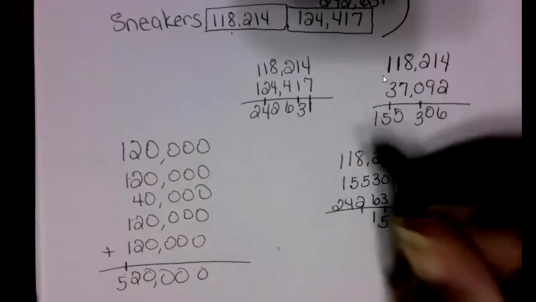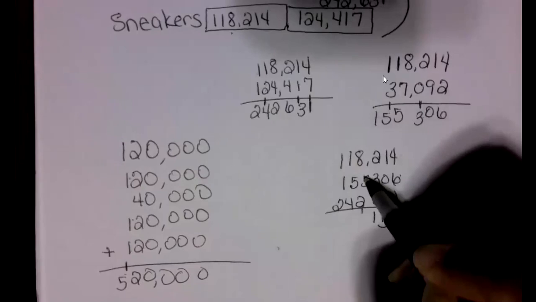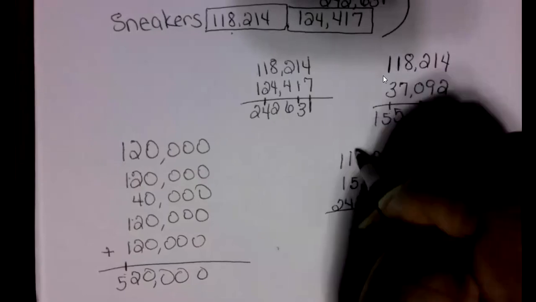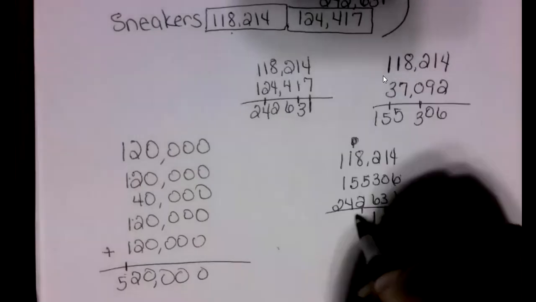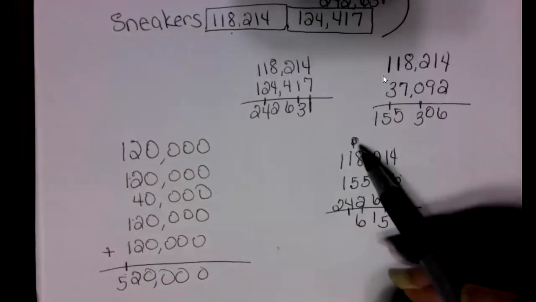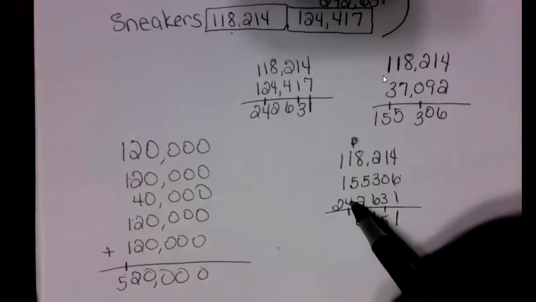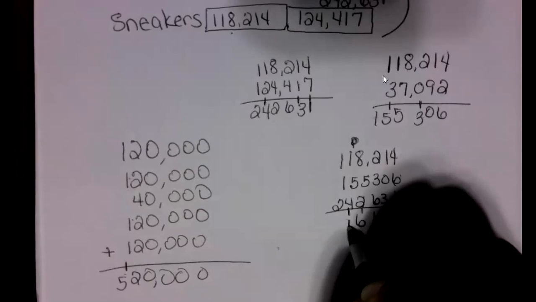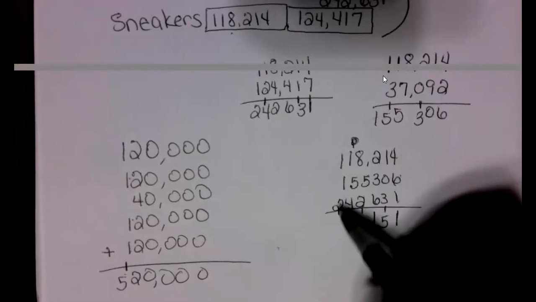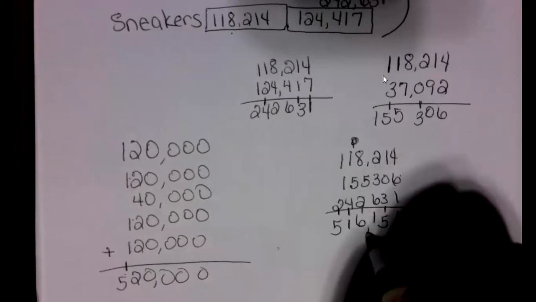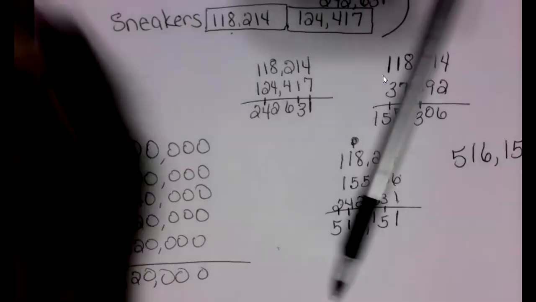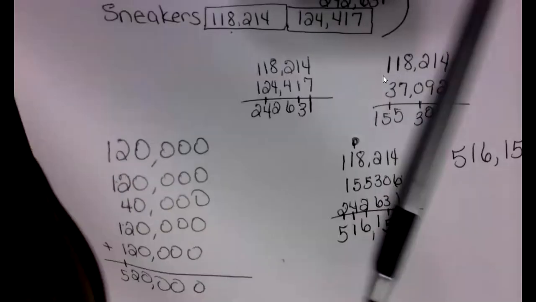Carry my 1. 8 plus 5 is 13, plus 2 is 15, plus my 1 is 16. Carry my 1. Oops, carrying in the wrong place. That's that old school. Carry my 1. Then I have 1 plus 5 is 6, plus 4 is 10, plus my 1 is 11. Carry my 1. 1 plus 1 is 2, plus 2 is 4, plus 1 is 5. So in all, we sold 516,151.